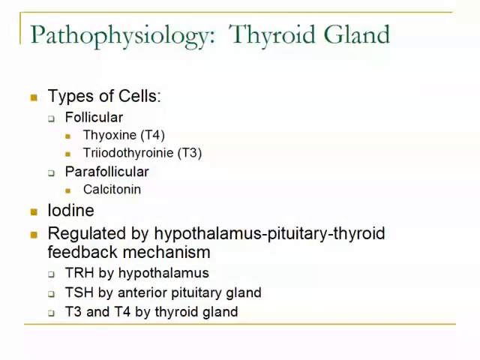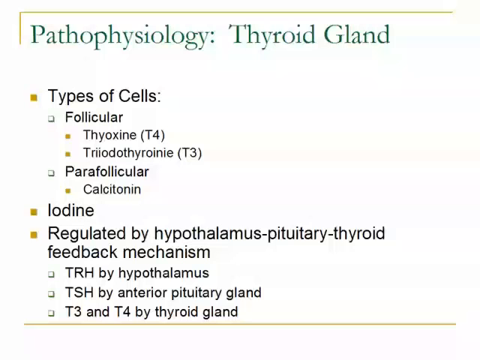The T4 types of hormones are actually about 80% bound with proteins, so they're not quite as active as T3 is. The other types of cells found within the thyroid gland are the parafollicular cells, which actually produce calcitonin, which regulates calcium levels. Calcitonin actually decreases calcium levels within the body.